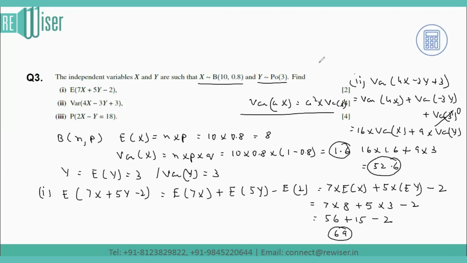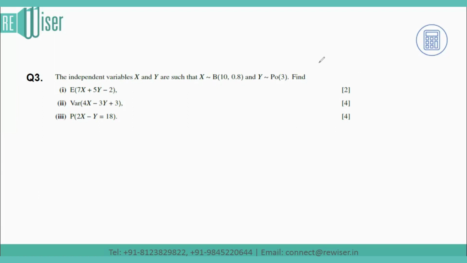Now moving on to the third part of the question. We have to find the probability for 2x minus y equals 18. For this type of question, always remember that we need to substitute x and y such that 2x minus y becomes 18.